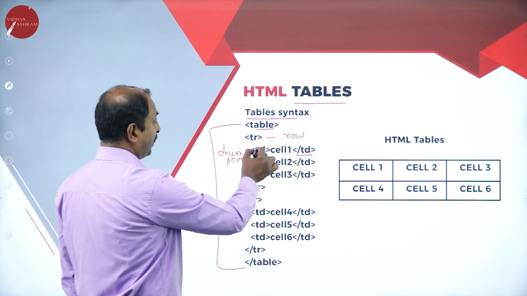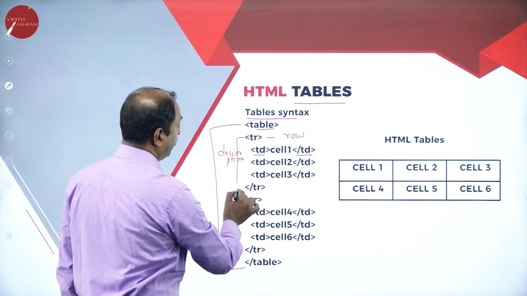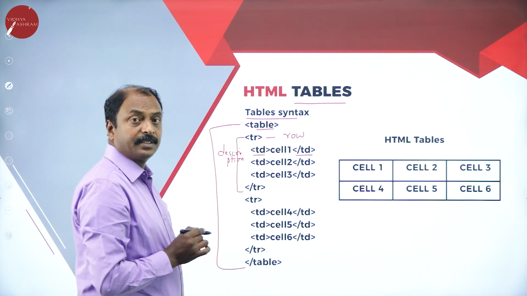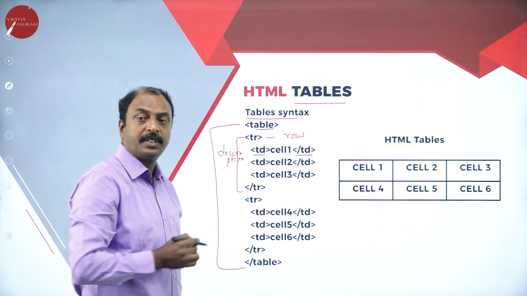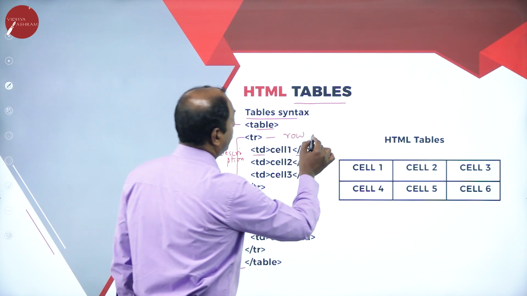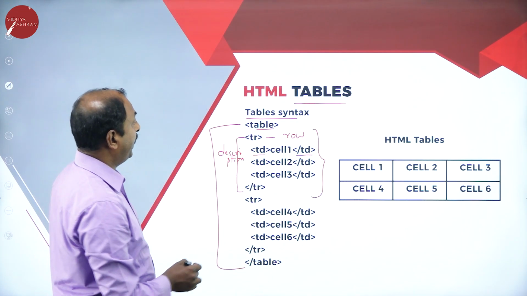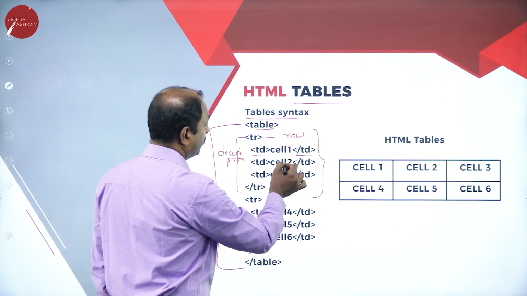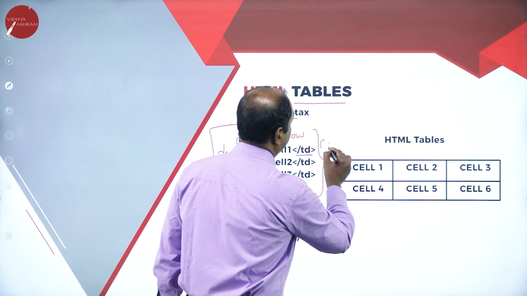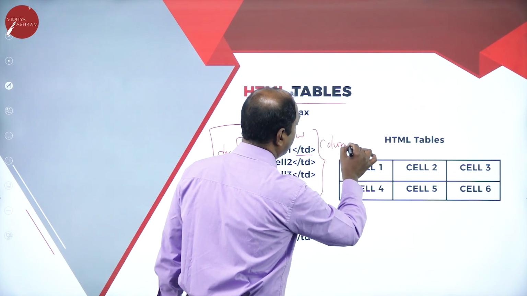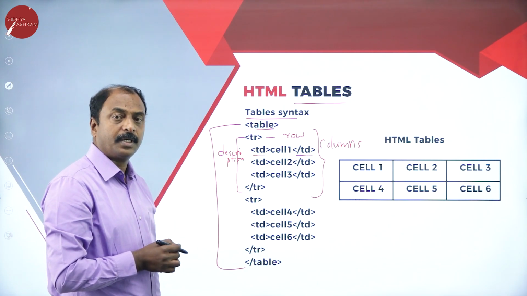And again, after writing the values here, we close this TR tag. This is the open TR tag, and here it is the closed TR tag. So from here to here, it stands for one row. Similarly, the cells, cell 1, cell 2, cell 3, stand for the number of columns in an HTML table.